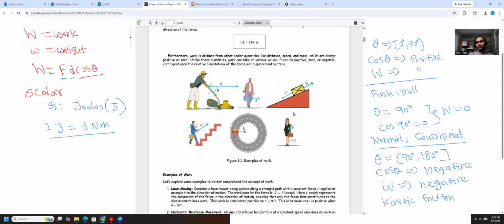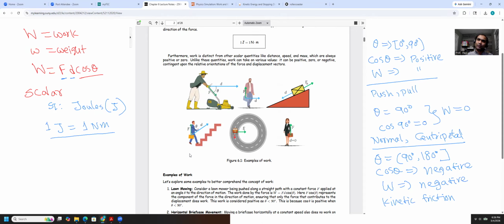Gravity sometimes does work, sometimes not. For example, here gravity does no work. Gravity will be in the downward direction, and the displacement is this; they are perpendicular to each other. So work done here by gravity is also 0.